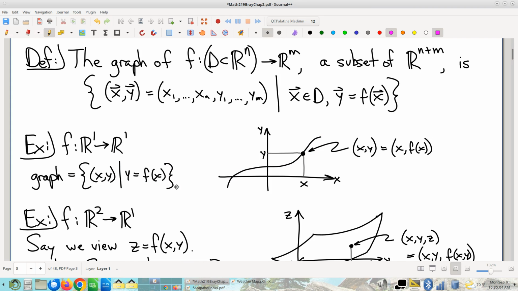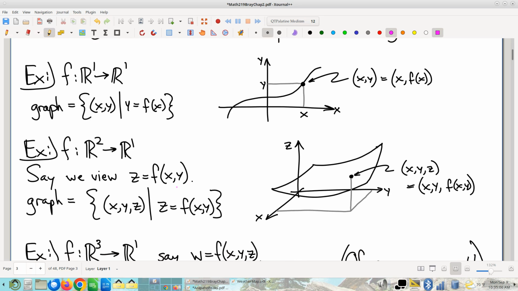So now let's take this idea and apply it to a higher dimensional setting. Let's look now at a function of two variables, still real valued, one output value. So again, real valued function terminology we just introduced. What do you get when you look at the graph of a function of two variables? Okay, well, let's play the game.